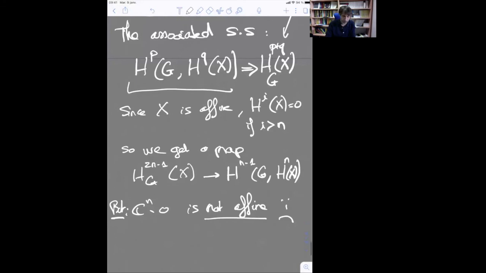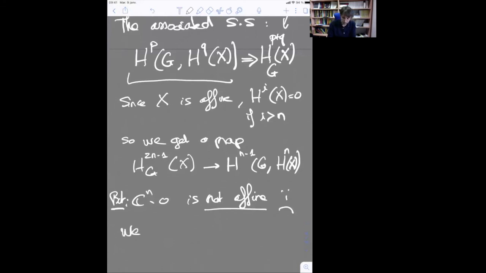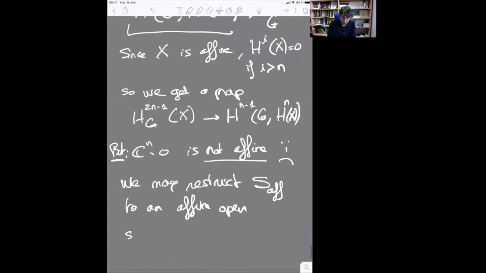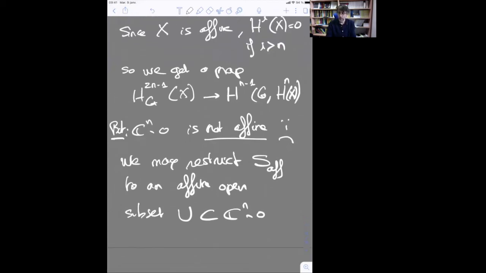So what we may do is restrict our class to an affine open subset U inside Cn minus 0. But remember, we have to do this equivariantly. So we want this open affine subset to be G invariant.